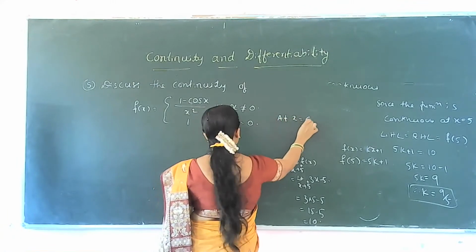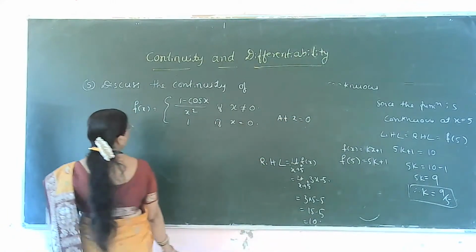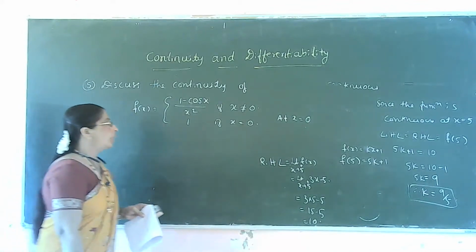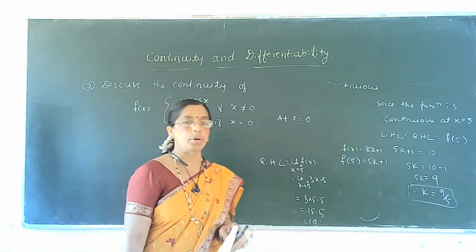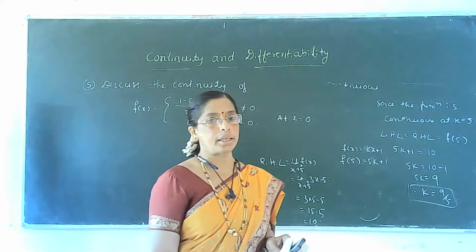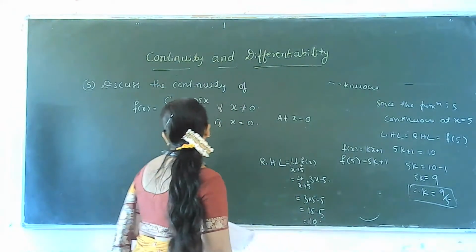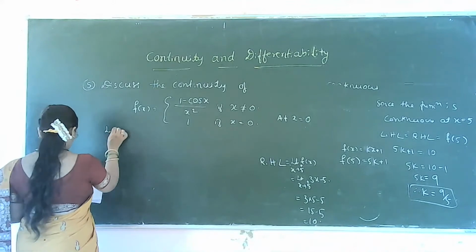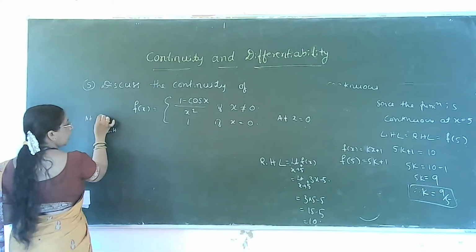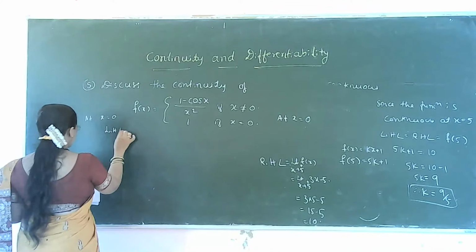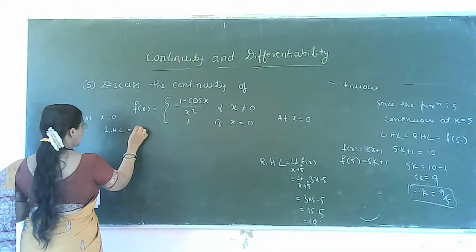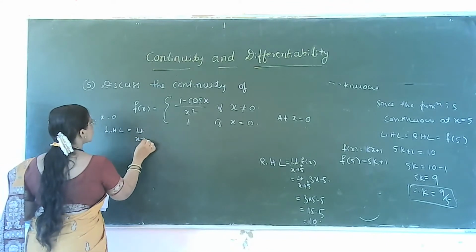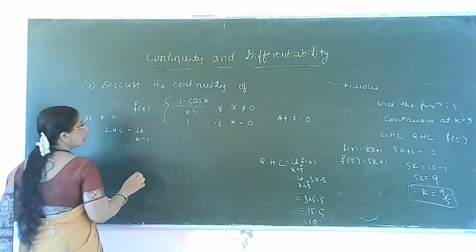At x equal to 0, here also we find the continuity using LHL and RHL and f of 0. LHL at x equal to 0 is limit of x tends to 0 minus.